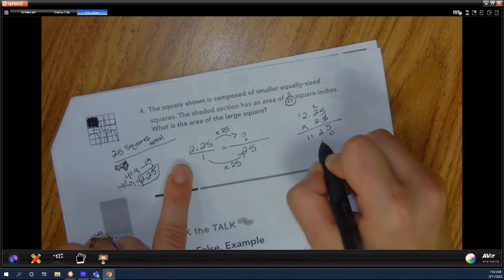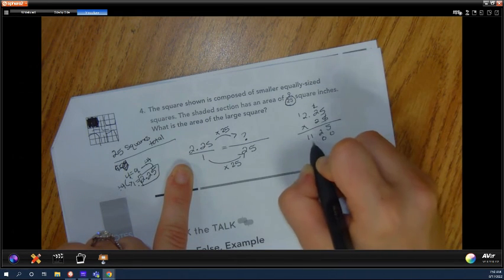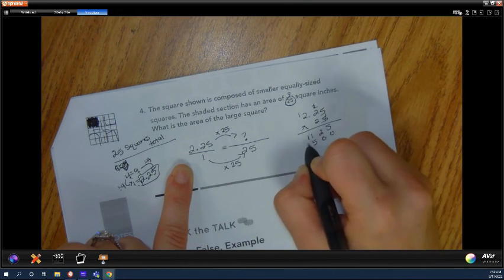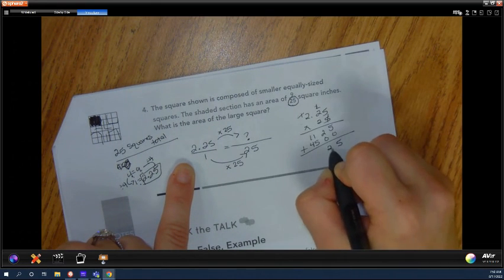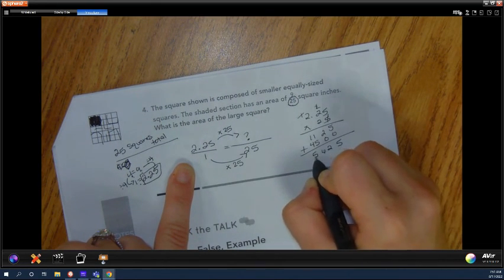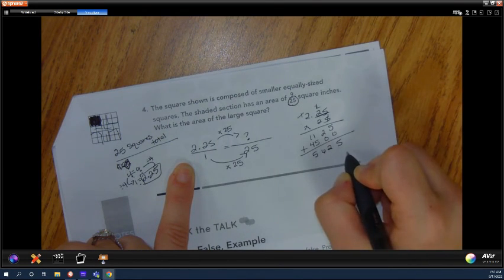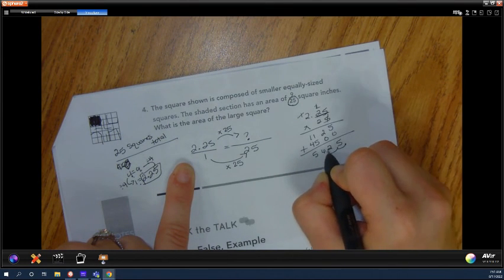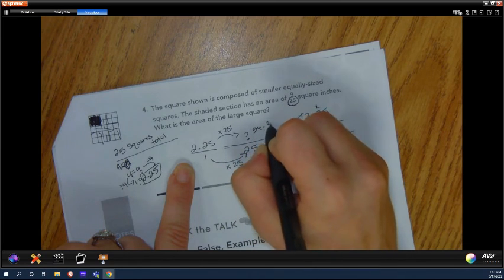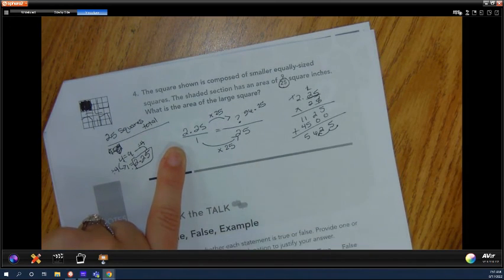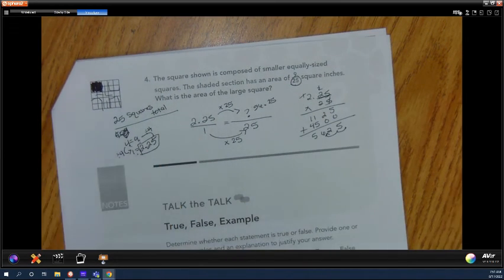Add my placeholder. 2 times 5 is 10. 2 times 2 is 4, plus 1 more is 5. 2 times 2 is 4. And then I'm going to add: 5, 2, 6, 5. I have 2 places behind the decimal. So I'm going to take my decimal and move it 2 places to have 56.25 over 25.